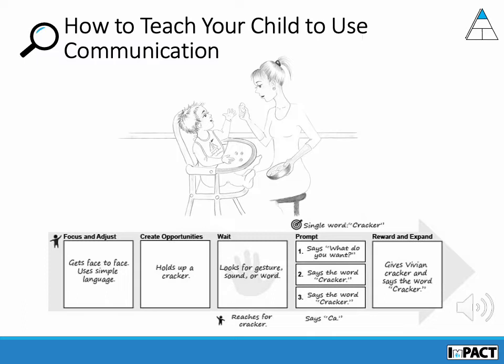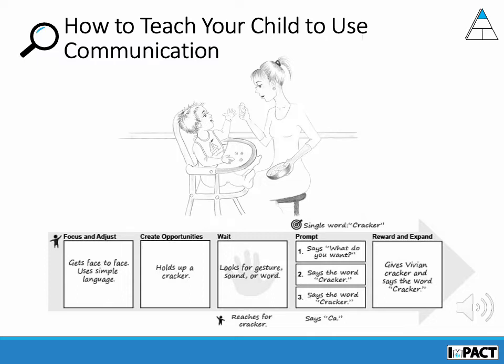Vivian responds by reaching for the cracker. Her mother then prompts Vivian to use a single word by asking the question, "What do you want?" When Vivian does not respond, her mother uses a more supportive prompt by modeling the word cracker for Vivian to imitate. Vivian doesn't respond, so her mother models the word cracker again.